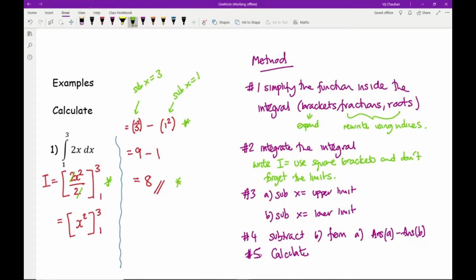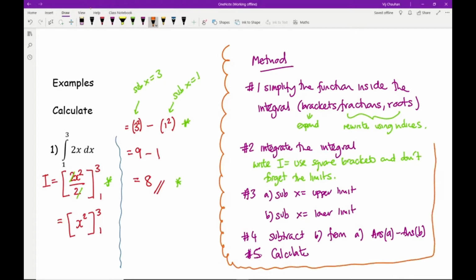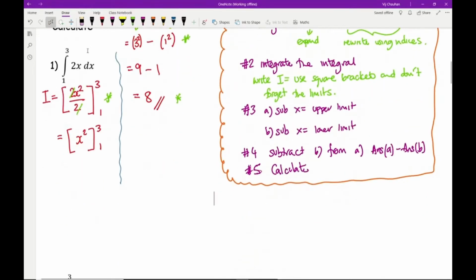That would be the very bare minimum, but personally I would write down everything just to play it safe. So I'm going to put a highlight around this method, and for the next set of examples I'm going to follow these 5 simple steps, and I'll talk you through the range of them. So let's have a look at the next example.